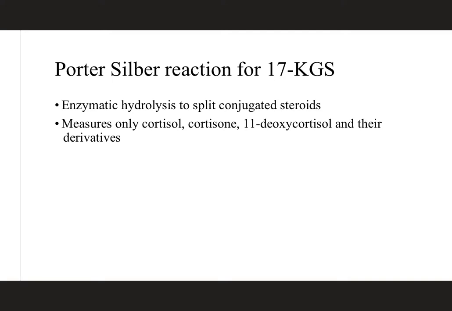It measures a couple of similar analytes as our previous Zimmerman reaction, including cortisol, cortisone, and deoxycortisol. And this one is really measuring 17-KGS with a very specific kind of configuration.